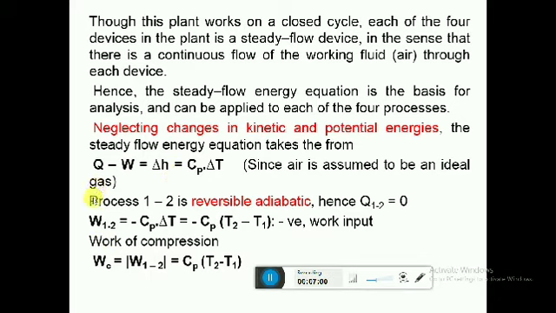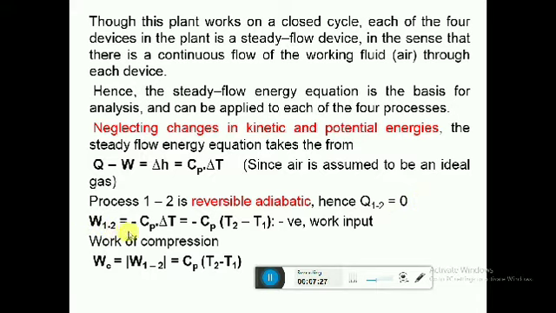So we can say 1 to 2 is a reversible adiabatic process. Here work is being done. Whenever it is adiabatic, we know that there is no heat addition or rejection, so Q 1 to 2 is 0, but the work is being done.